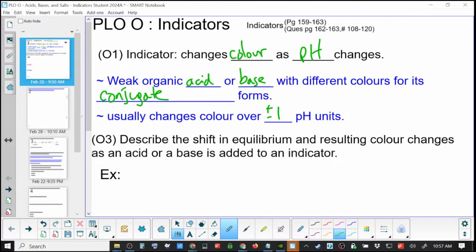So if it's an indicator for pH 8, what's the range over which it changes color? 7 to 9.